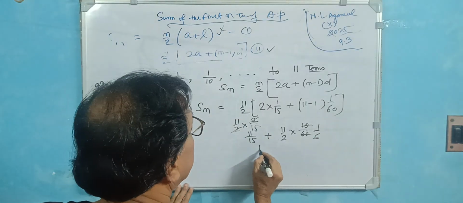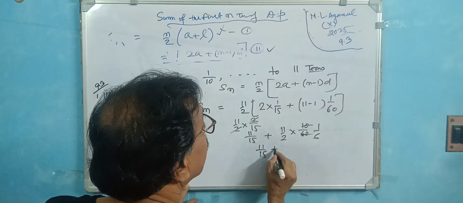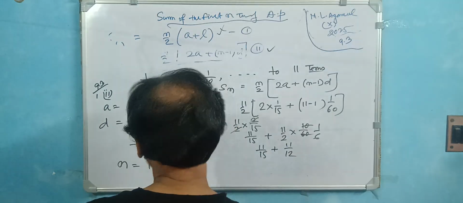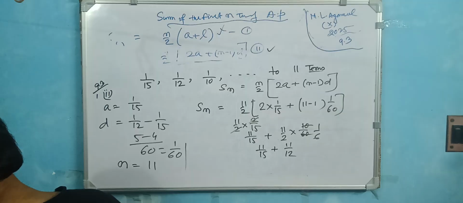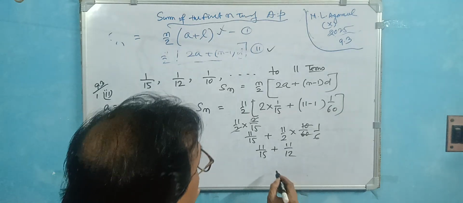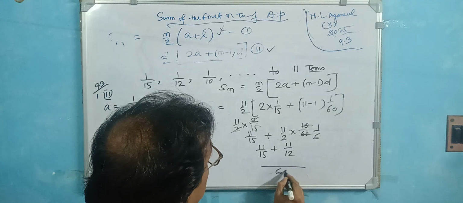Clear? So this is 11 by 15 plus 11 by 12. What is the LCM? 60 is the LCM.